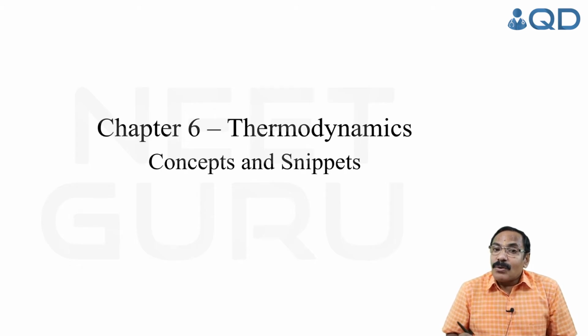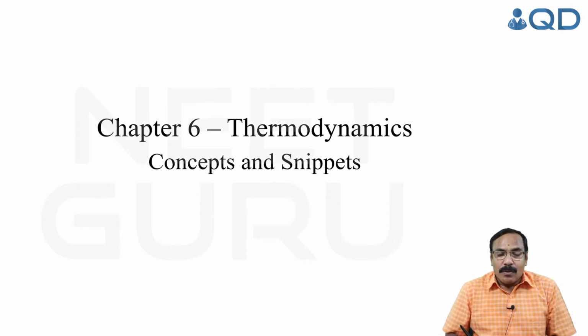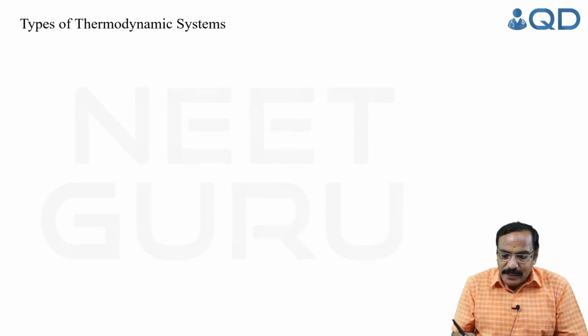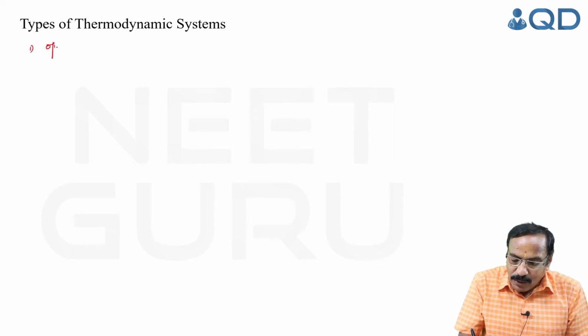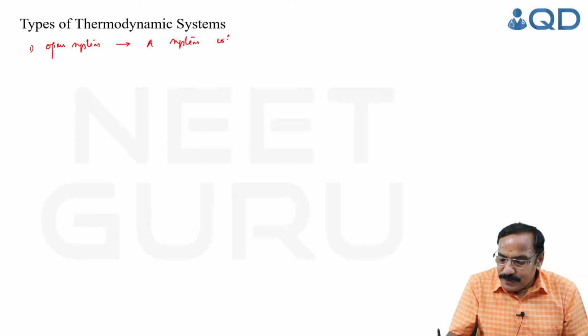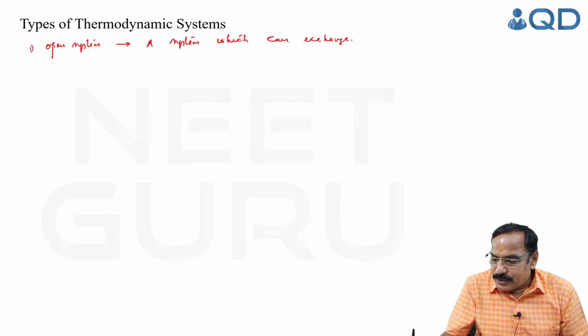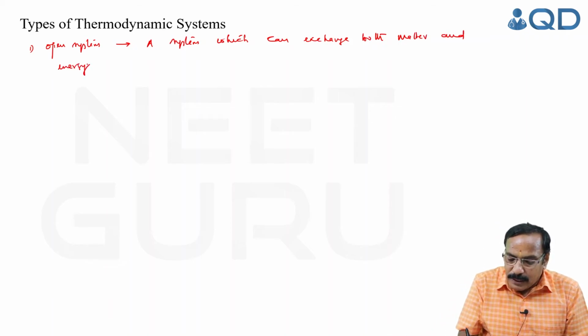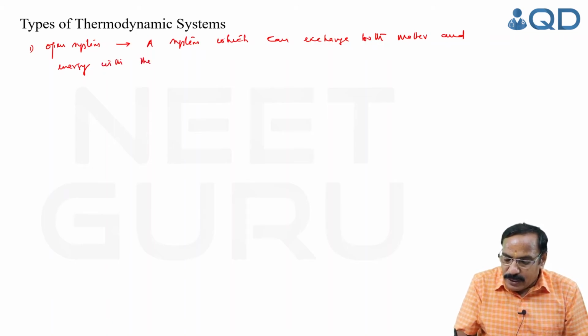Remember, there is always interaction between the system and the surrounding. So let us recap the types of thermodynamic systems already explained. The first one is called an open system, a system which can exchange both matter and energy with the surroundings.